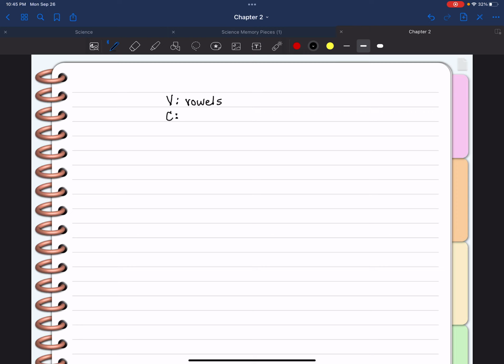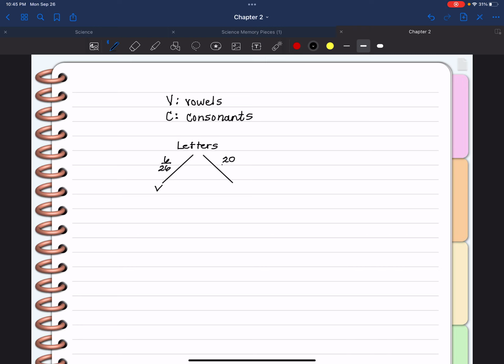C stands for consonants. And here is the tree. We have letters with 2 branches. We have 6/26 as the probability. That's going to be for vowels.